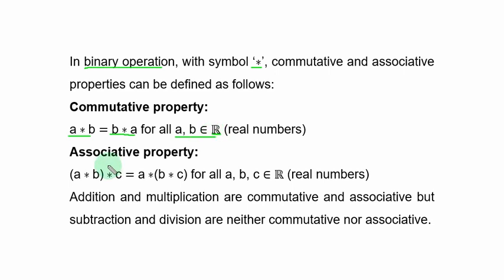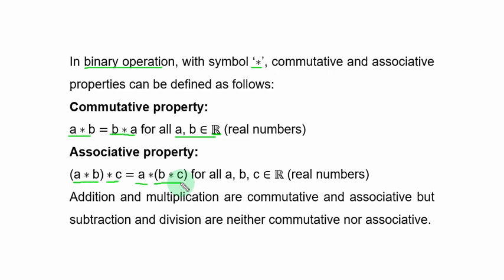associative property. Here we have A asterisk B as one term, then asterisk C is equal to A asterisk, bracket open, B asterisk C, bracket close.